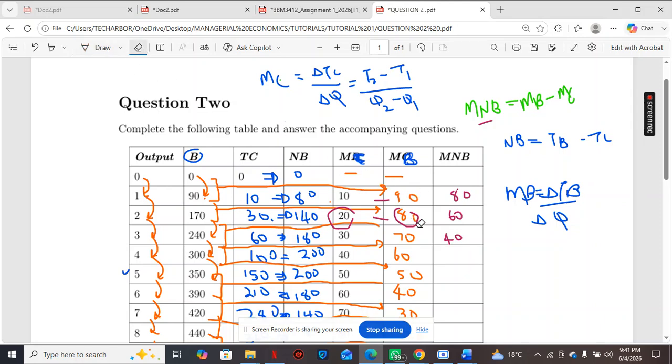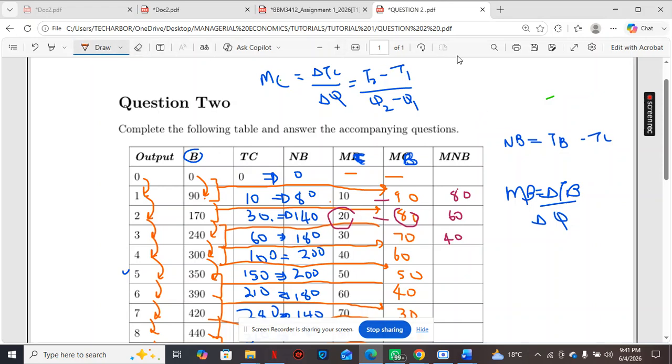Marginal net benefit is the change. So here, not this one here. Marginal net benefit equals change in net benefit over change in quantity.